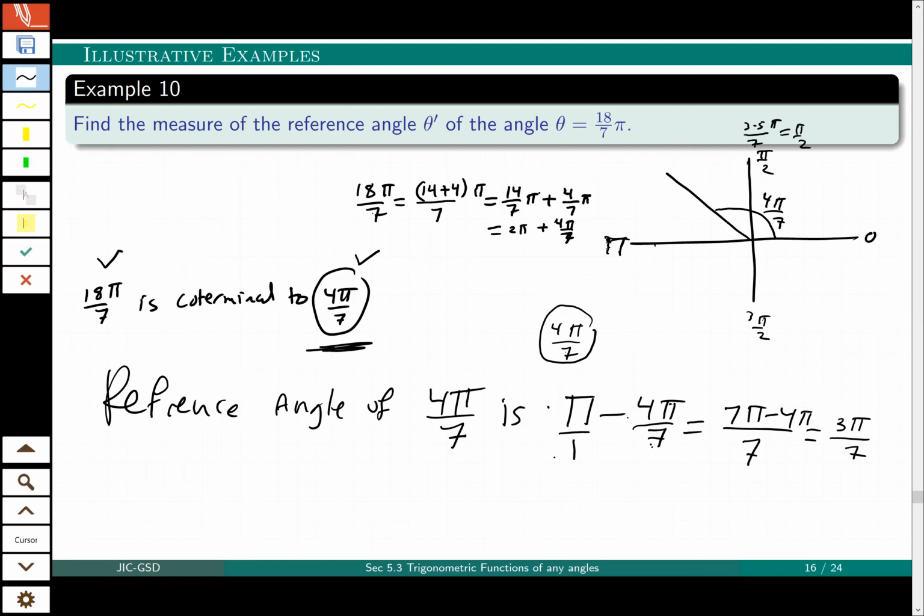I said it must be smaller than pi, because if it is pi, it will be 7 over 7. And it has to be more than pi over 2, because pi over 2 means 3.5 over 7. So we said this is our angle 4 pi over 7. So the reference angle is this one, which means it's pi minus 4 pi over 7, which we get 3 pi over 7.